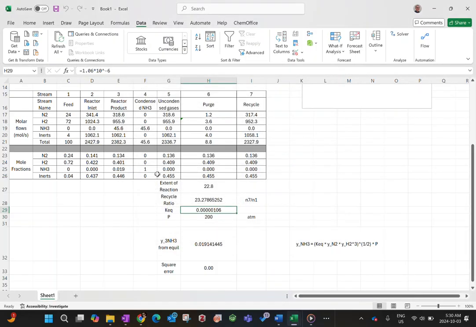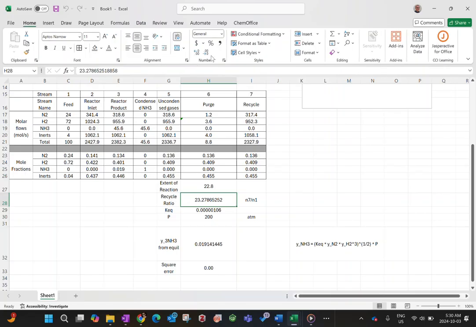And how does it look? So now we have, first of all, let's make this not crazy. So now we have the mole fraction of ammonia here is 0.01914 something.